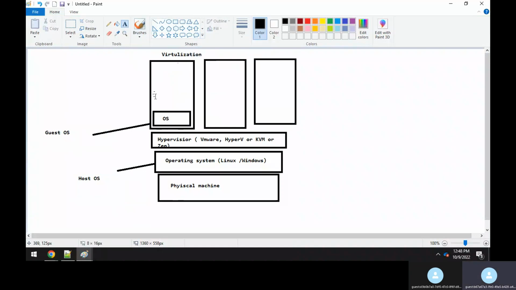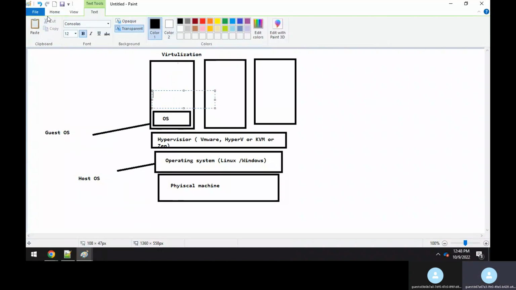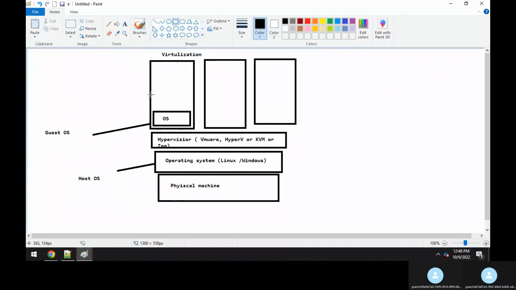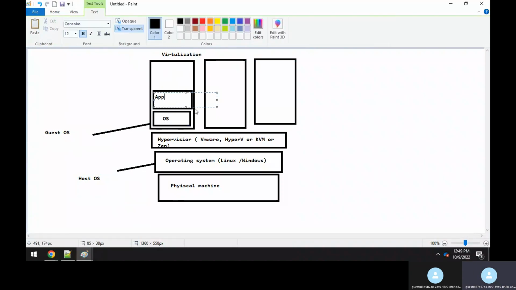We used to have application dependencies and libraries. All the application dependency files or libraries which are required for the application to run, we used to have that.